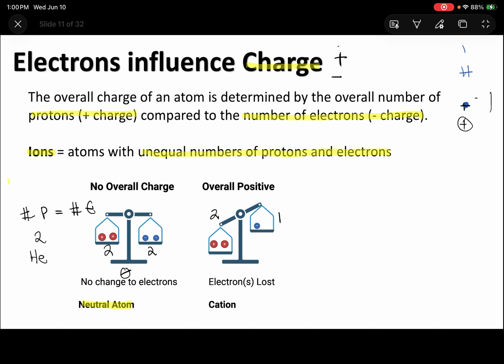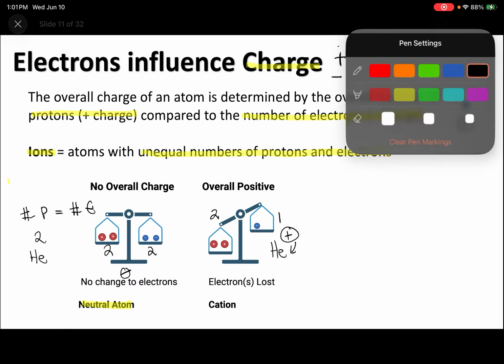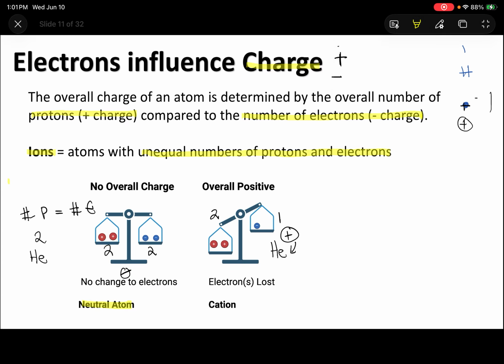So when electrons are lost, the atom will become positively charged. And we often denote this by putting a little plus sign to the top of the atom. So this helium now has a net positive. Remember, you lose a negative, you become positive. When this happens, we call this a cation.